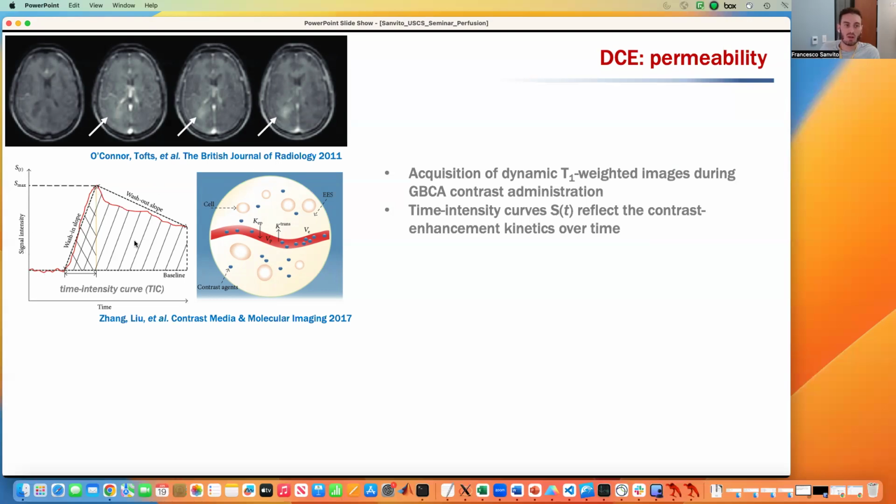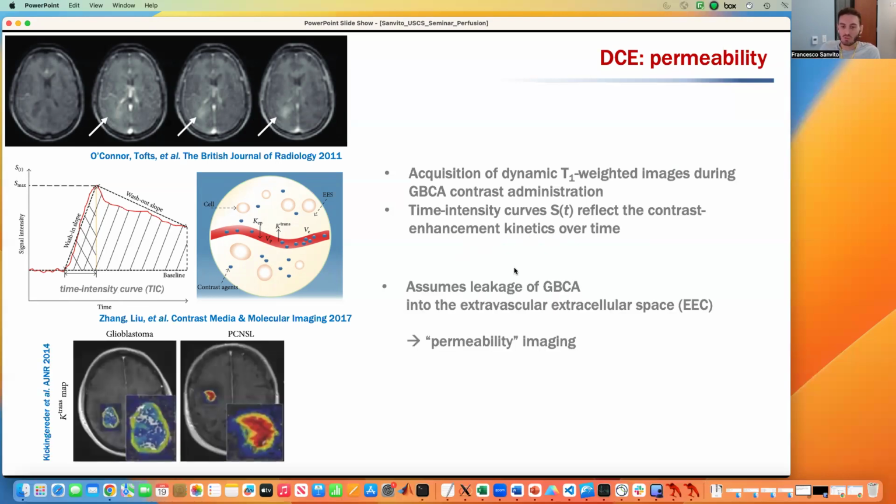So this would be, for a given voxel in 3D space, the 4th dimension, where we see an intensity curve that is called the time intensity curve, TIC. And overall, we can say that this curve, signal over time, reflects the contrast enhancement kinetics over time.